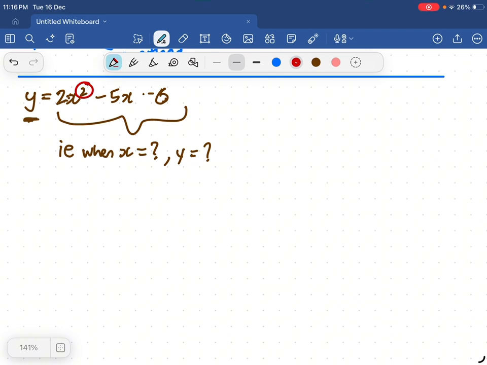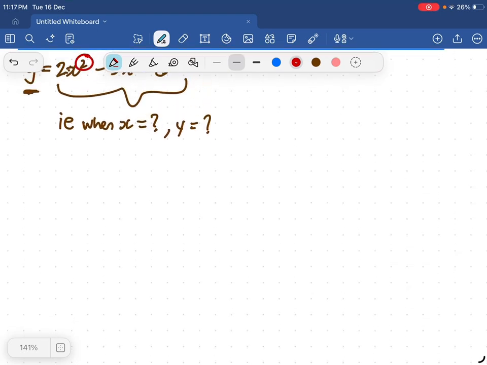Let's say you put in -1 and +1, you may still get the same answer, even though you put in a different x value. So that's the main difference between quadratic functions and functions with base power 1.